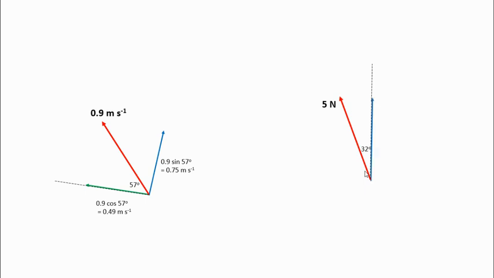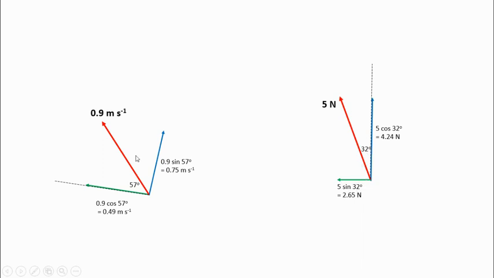The component adjacent to the angle is going to be 5 cos 32, and the component opposite to the angle in question is going to be 5 sine 32.